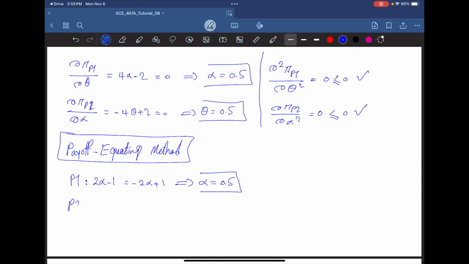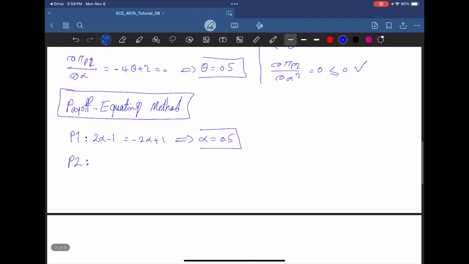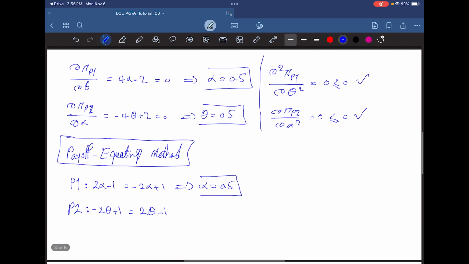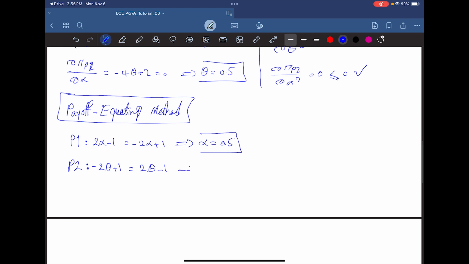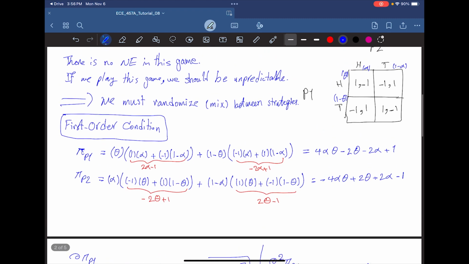And for the second player, negative 2 theta plus 1 equals 2 theta minus 1. Which is 0.5 as well. All right.